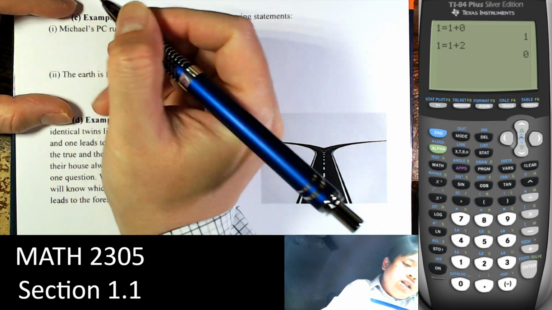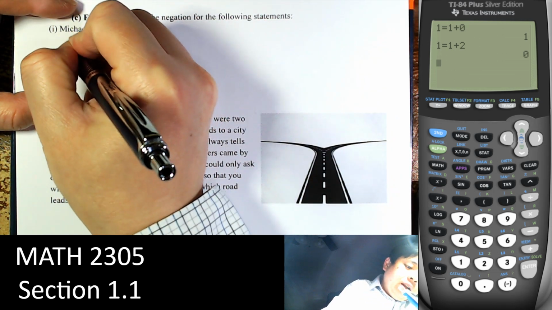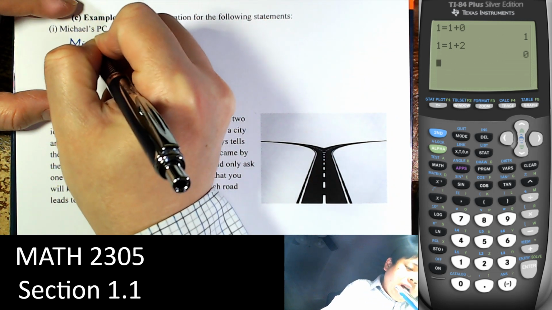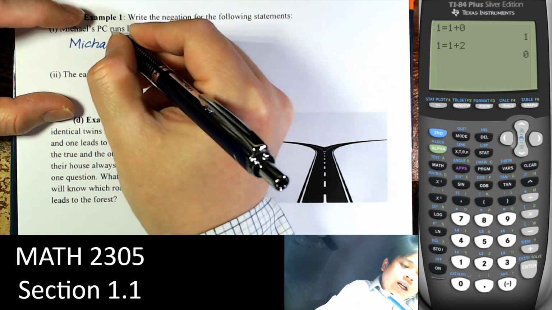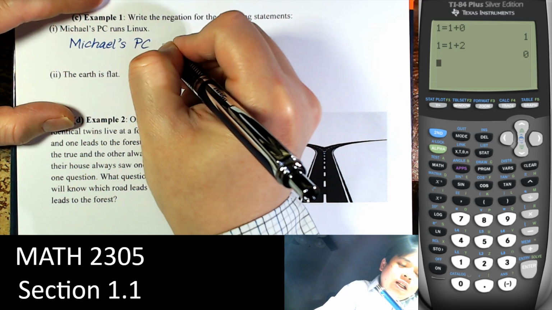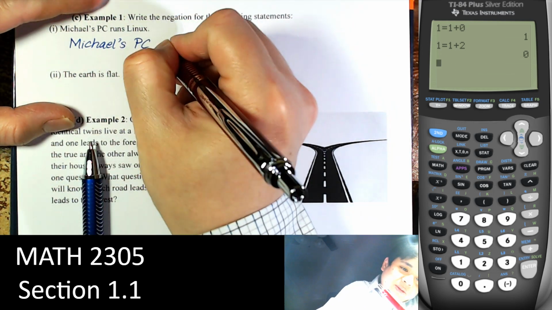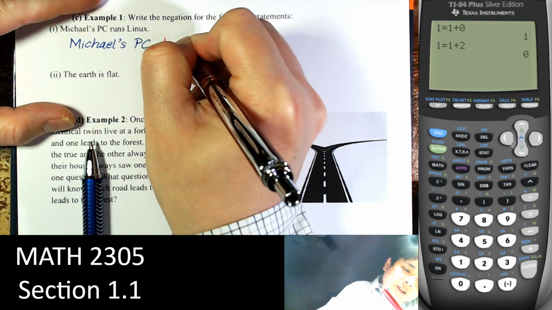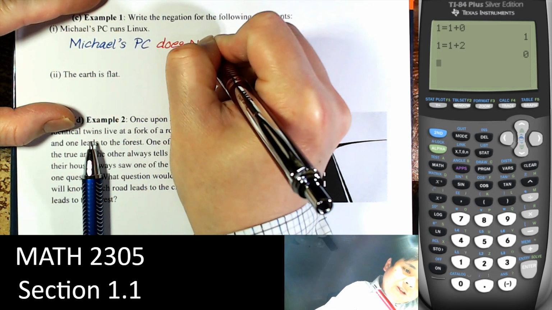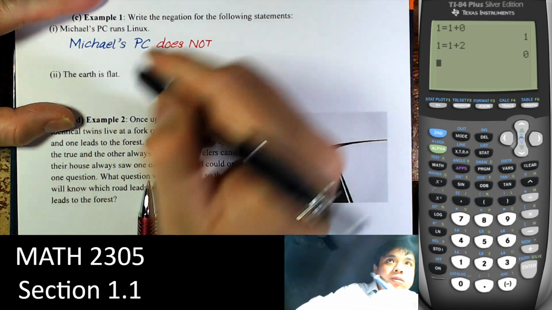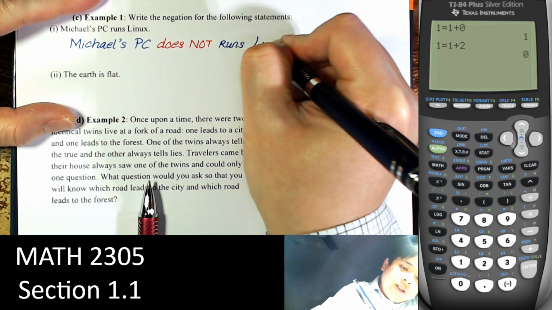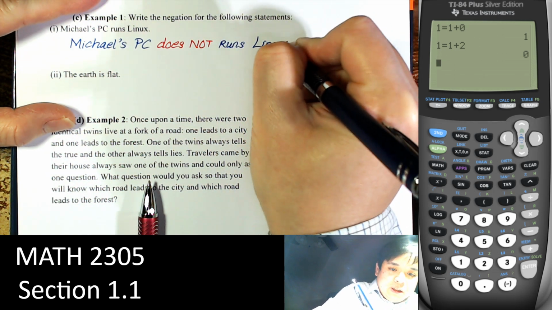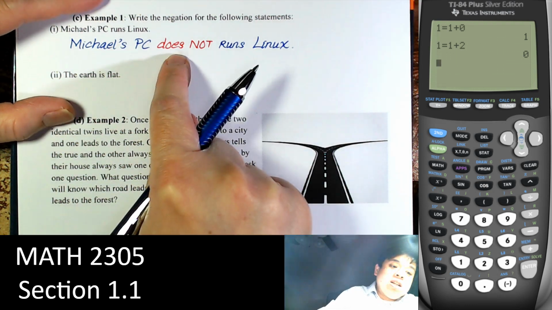So we say the negation is: Michael's PC does not run Linux. Right, so that makes it a negation.